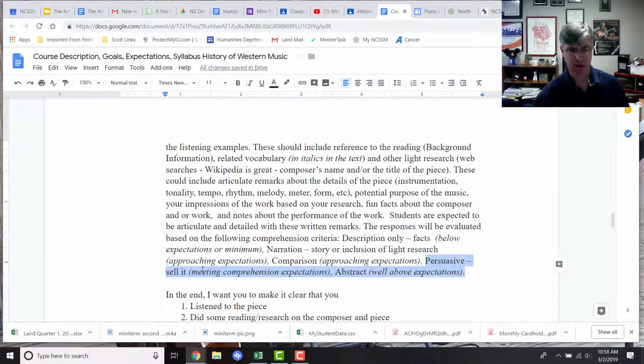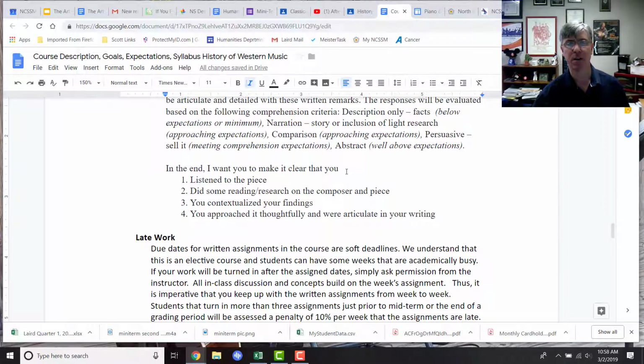In the end, I want you to make it clear in your written lab reports or thoughtful responses, we'll sort of call them both this term. I want it to be clear that you, number one, listen to the piece. Two, that you did some reading or research on the composer and piece, and at the minimum, that would be the textbook and a quick Wikipedia entry.